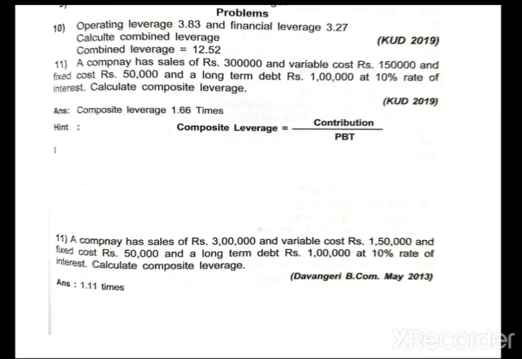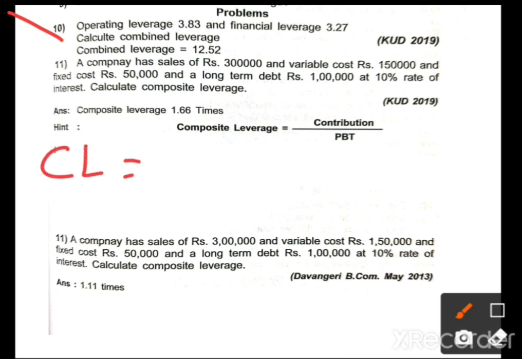Dear students, in today's class, we are going to discuss some more problems on leverages. Let us start with problem number 1. Operating leverage is 3.83 and financial leverage is 3.27. Calculate combined leverage. As per this problem, they have given operating leverage and financial leverage and asked us to calculate combined leverage. So, what is the formula to calculate combined leverage?